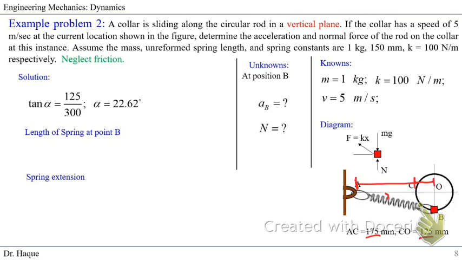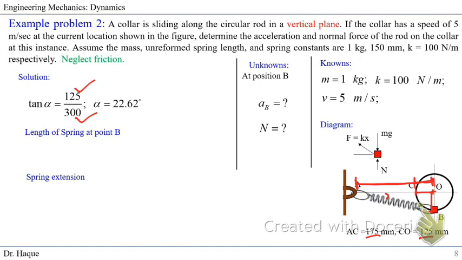So the total length from A to O is 175 plus 125, which is 300. Since CO is the radius of the circle, OB will be the same, which is 125.